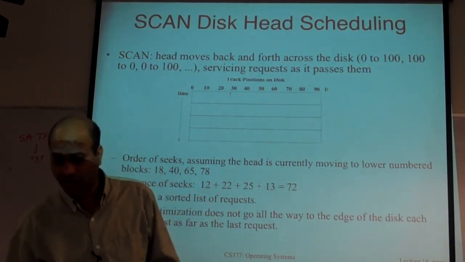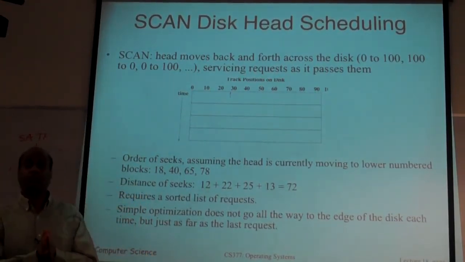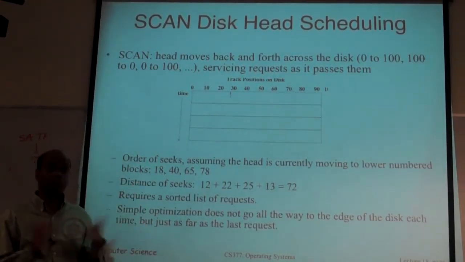In terms of implementing in hardware, there isn't much to do: just keep track of the requests, keep them in sorted order, and you're done.